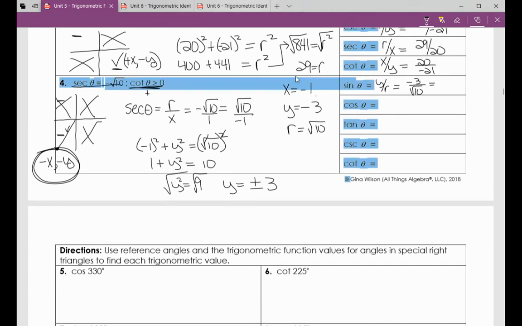All right, so we had already found x and y and r. When we plugged in our values for sine, I do end up with a radical in the denominator, but that gives me -3 square root of 10 over 10, which I cannot reduce, since 3 and 10 share no factors, so I can leave it just like that.